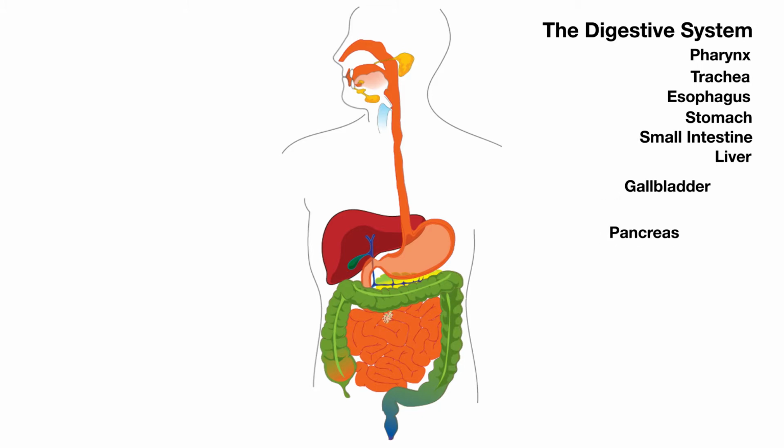If you looked at the inside of the small intestine, you would find something called villi, V-I-L-L-I. They're called finger-like projections because if you look at your hand, the way the fingers extend up and down creates a greater amount of surface area.